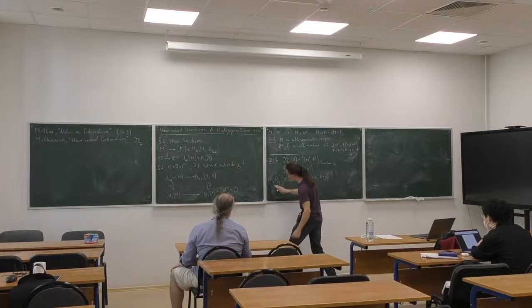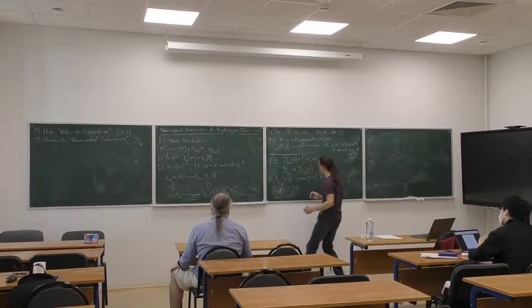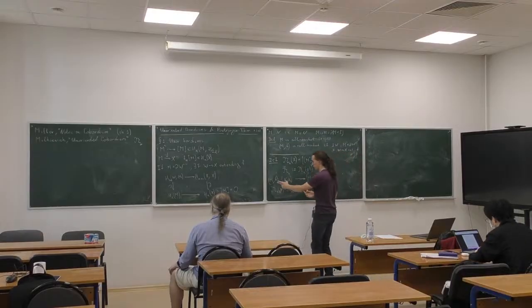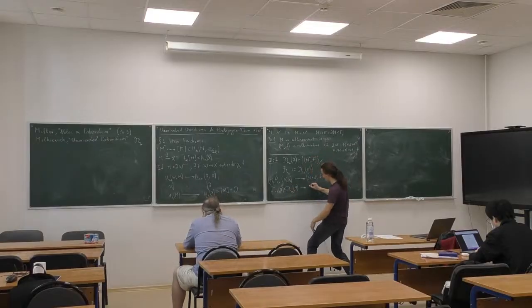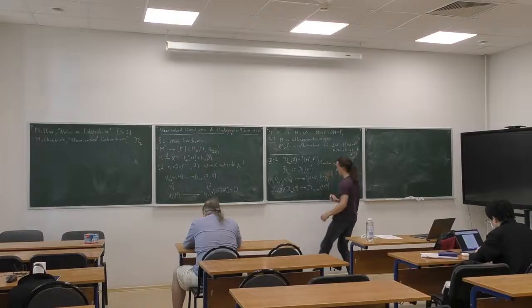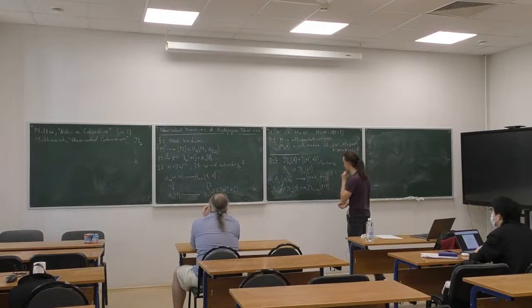We have the bordism group of X in degree n times the bordism group of Y in degree m. We don't even need to have the same X here and here. We have X here, Y here, and we get a map to degree n plus m of X times Y. So this is not something smart, this is just an obvious map.